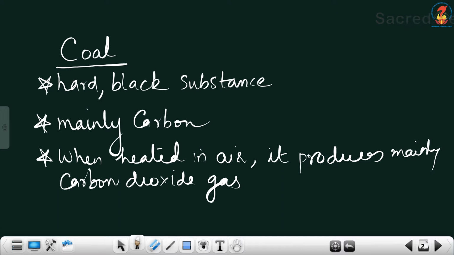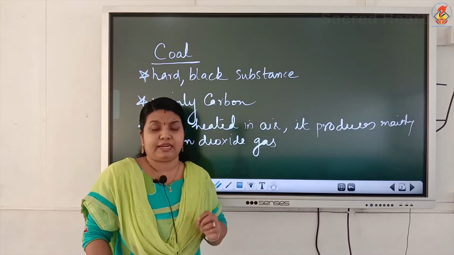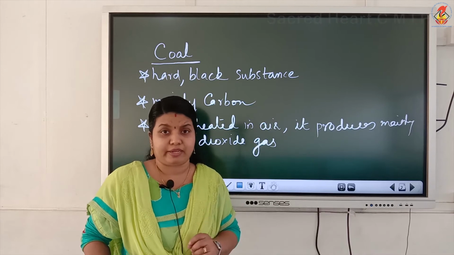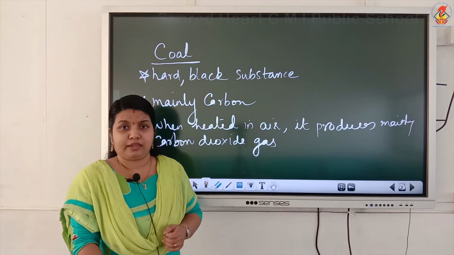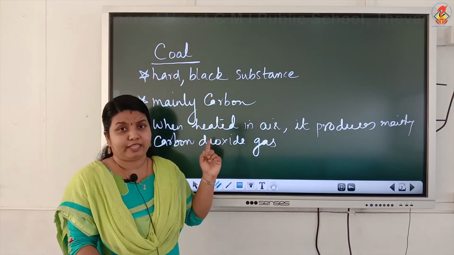Okay, so coal is a hard black substance. It contains mainly carbon, the non-metal carbon. When it is heated in air, it burns in oxygen and produces mainly carbon dioxide gas.